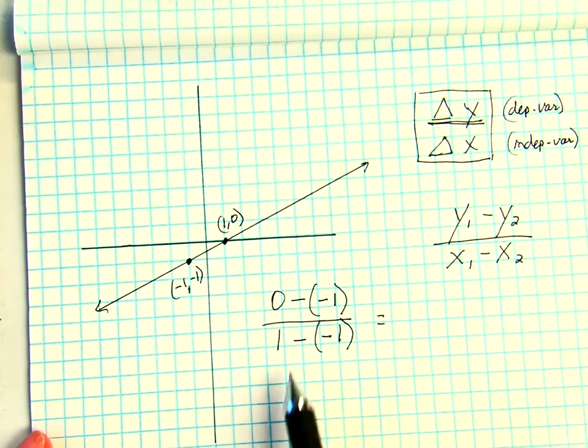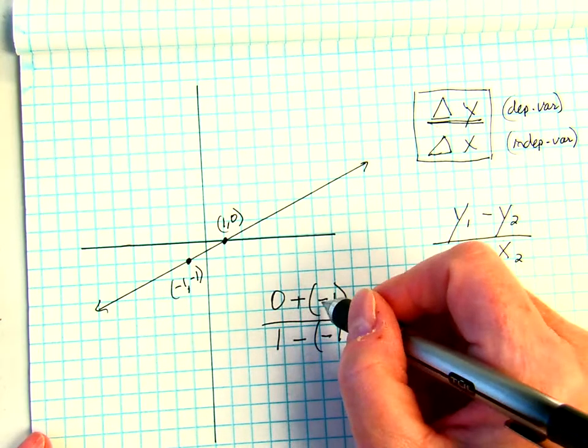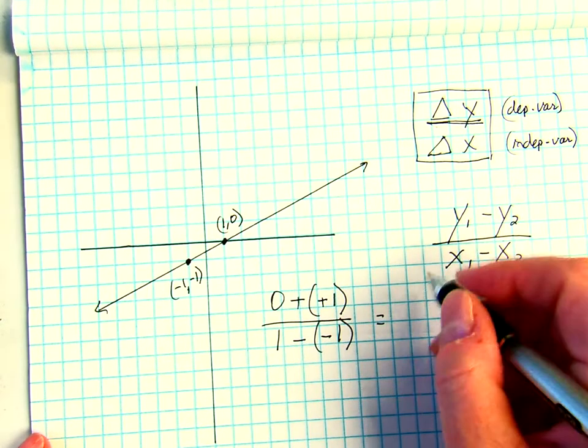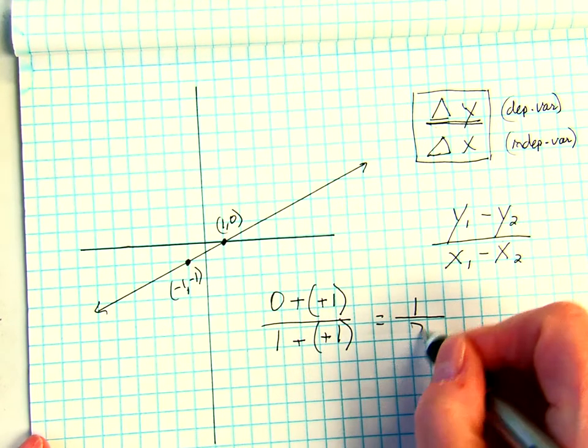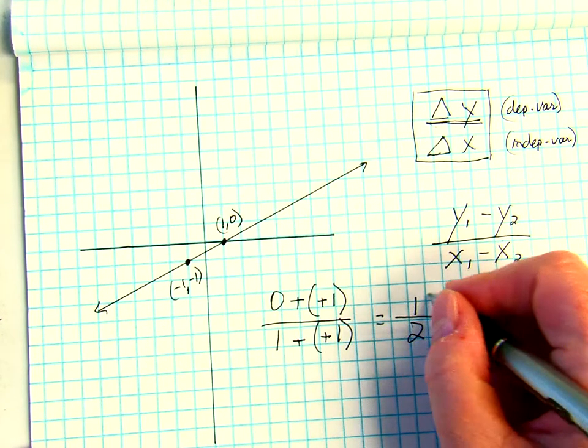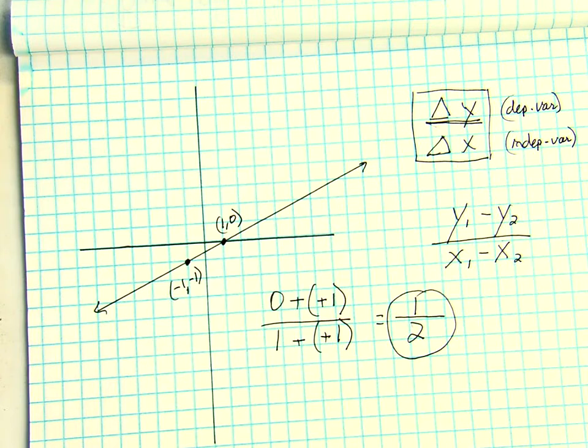Okay, so 0 plus 1 is 1, and 1 plus 1 is 2. So my slope is equal to 1/2, or 1 over 2.